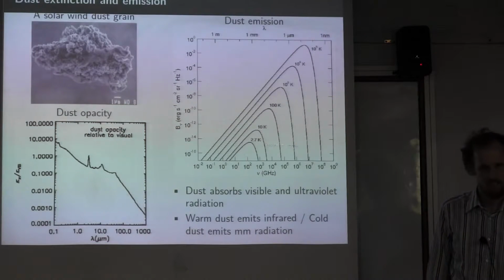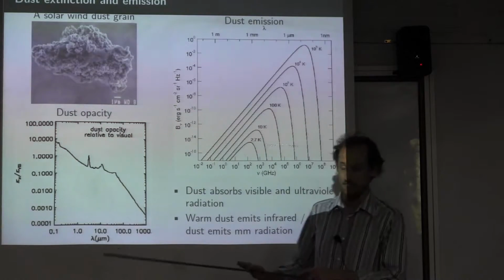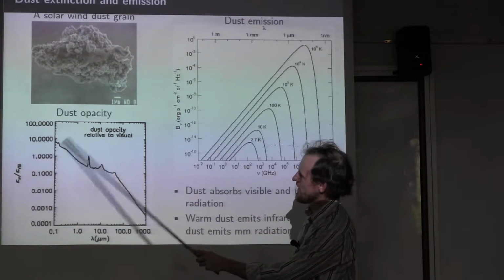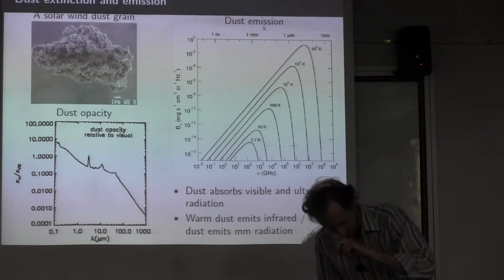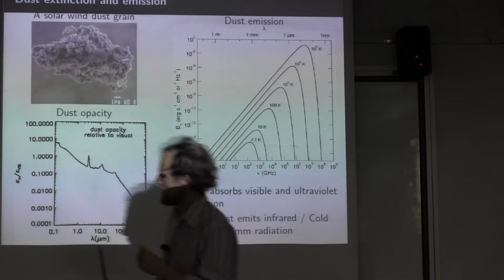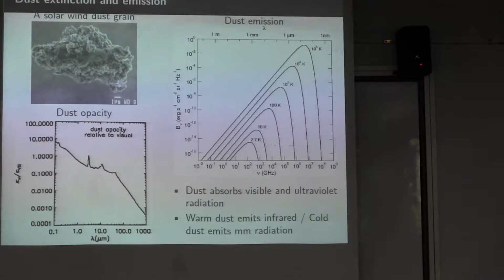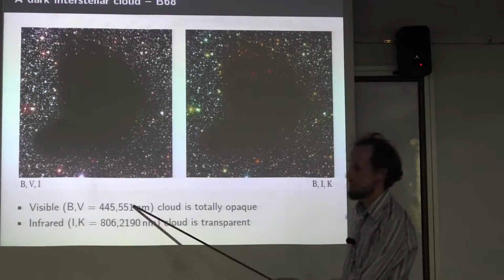Could you please repeat what the y-axis stands for? So you can't see it, I realize that, but this is the opacity. Normally it's the symbol kappa, the Greek K. And what it's saying there is kappa divided by kappa V. And V is 551 nanometers.